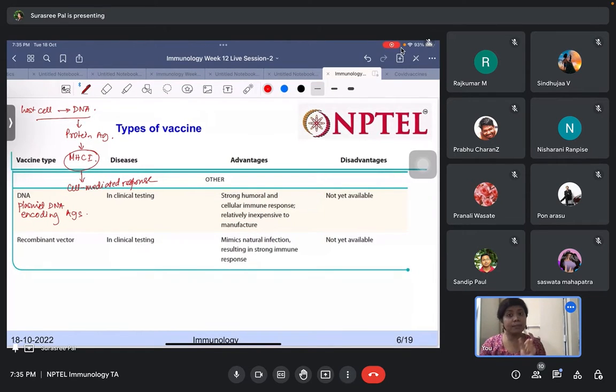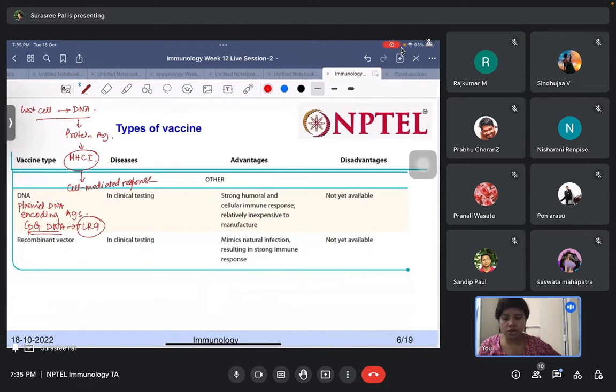Or CpG DNA, for example, can also be introduced into this plasmid, because you remember that CpG DNA is a ligand for TLR9, so it can also enhance the innate immune responses by this process.